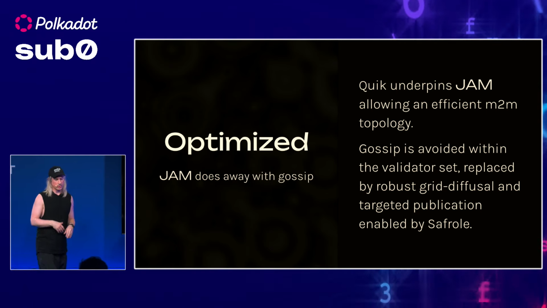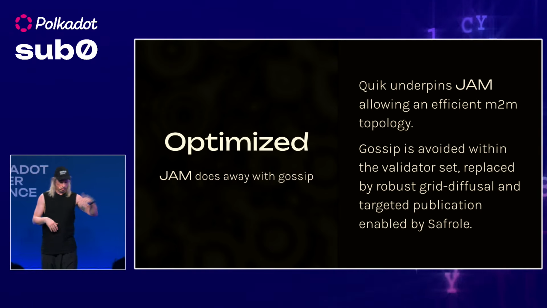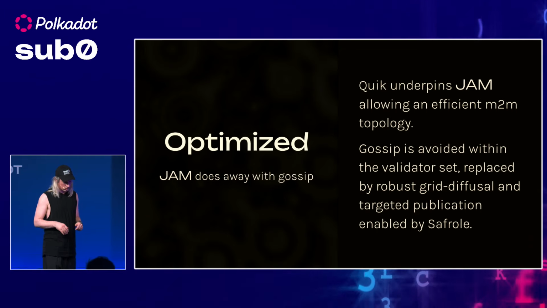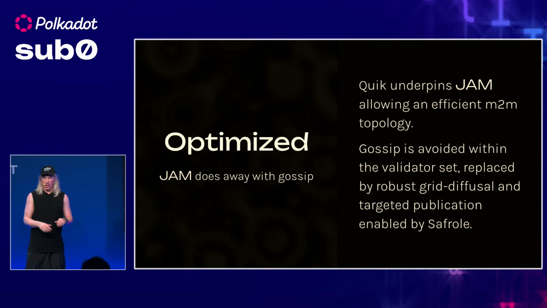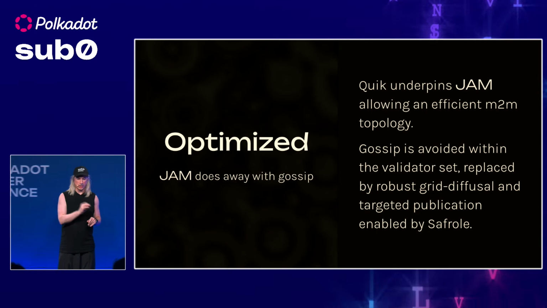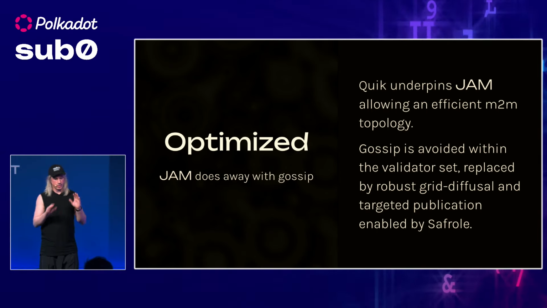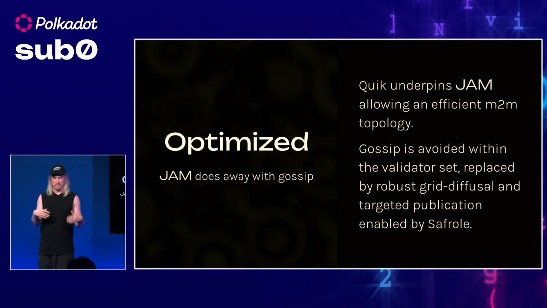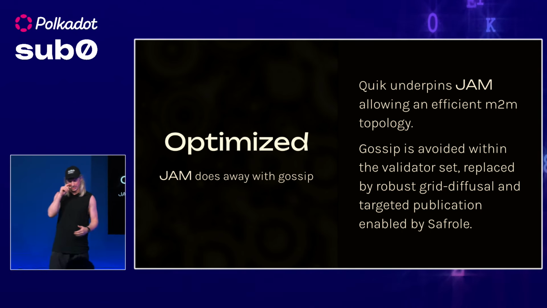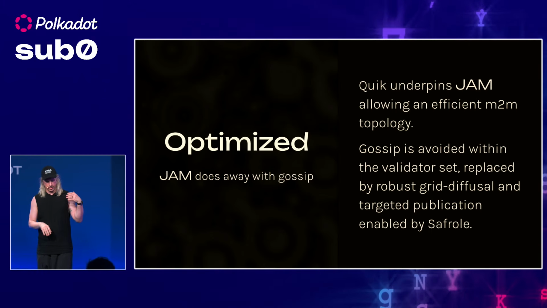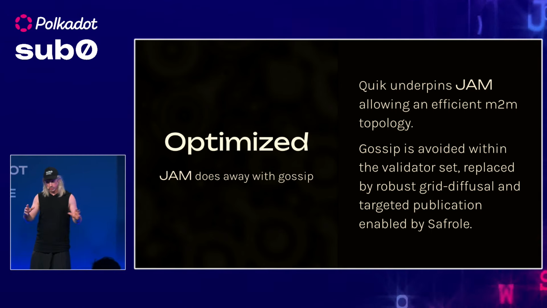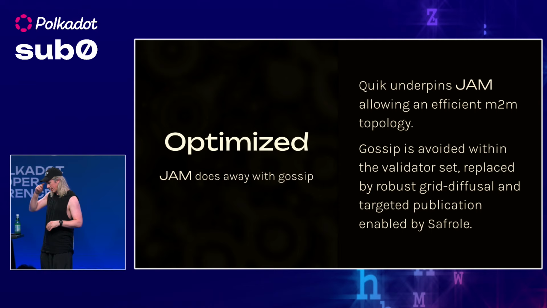Where we do need to distribute something that's not point-to-point, or within a very small subset, we use grid diffusal, which I think may already be implemented in Substrate, but this is not merely something additionally implemented. This is our primary mechanism for sending out information across the whole validator set.